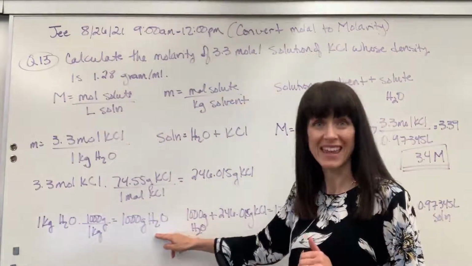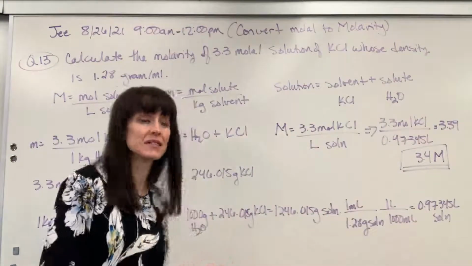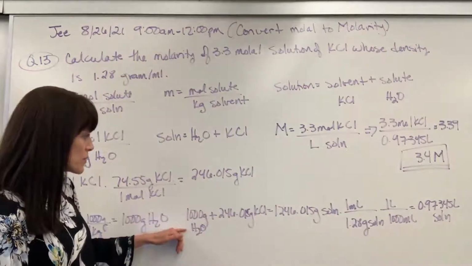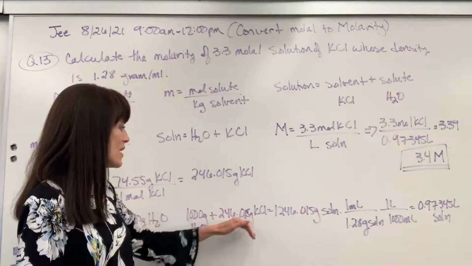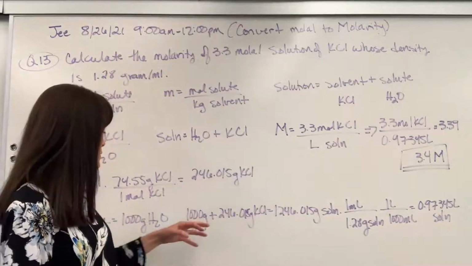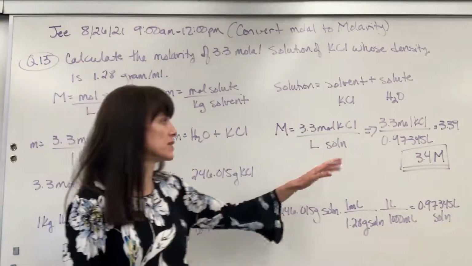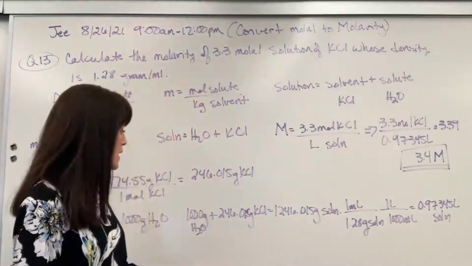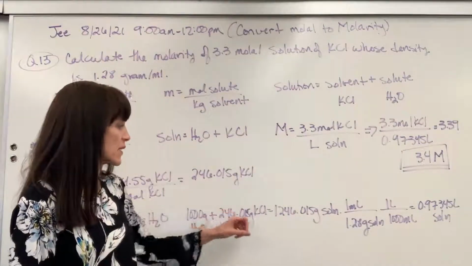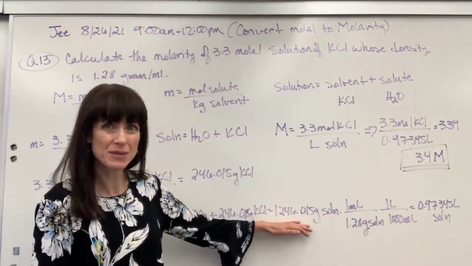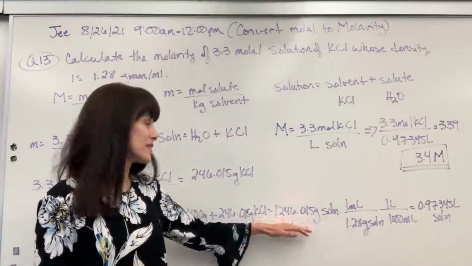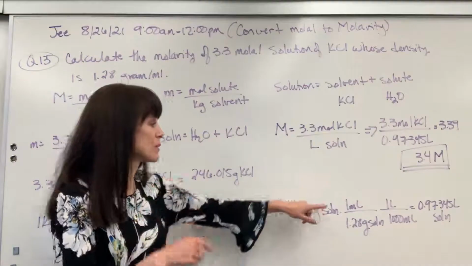Let's just add them together, and that will give us the grams of the solution. So 1,000 grams of water plus our 246.015 grams of KCl. Notice on this, I carried out the numbers, and at the very end, we'll truncate. So add this together, 1,246.015 grams of solution. I've got the grams of the entire solution, so here's where we use density.